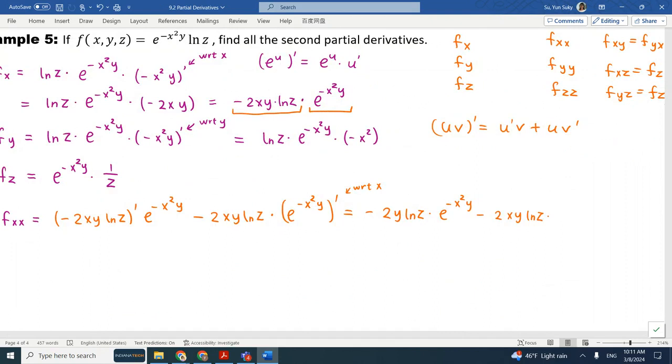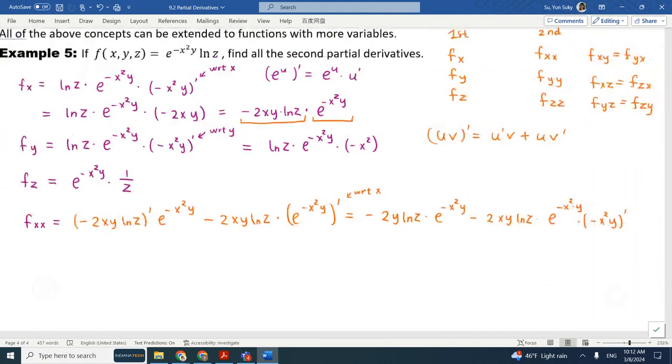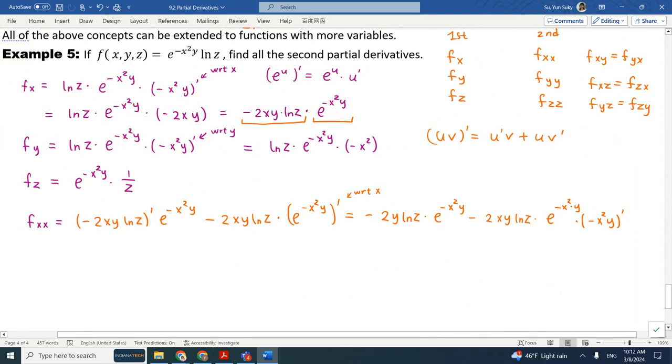Now we see the derivative of this is e to the u times u prime, like the previous step. The derivative of e to the u is e to the u times u prime.